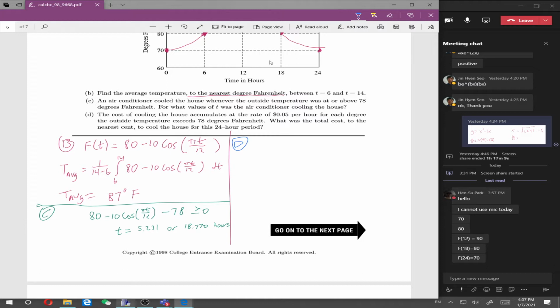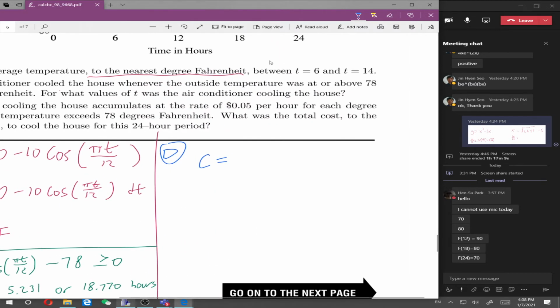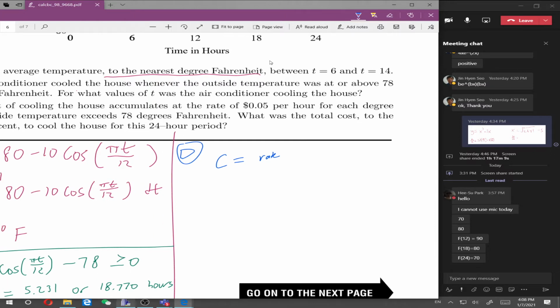It's Andrew's turn, but this is a hard one to write. So I'm going to skip over to Eric. What should our cost equation be? Rate times integral. Rate times integral, okay.